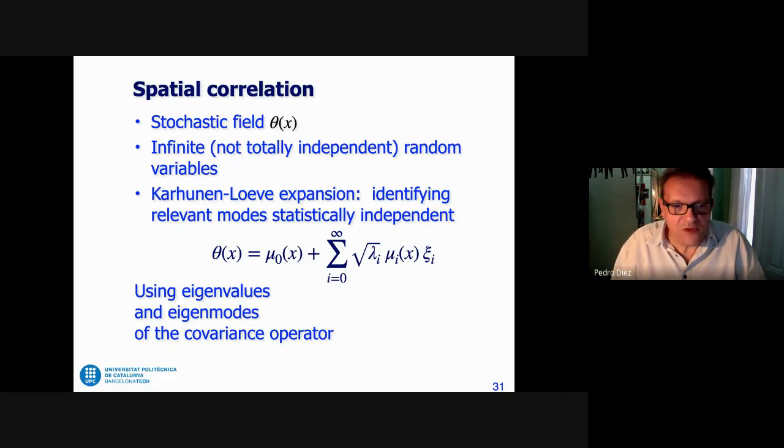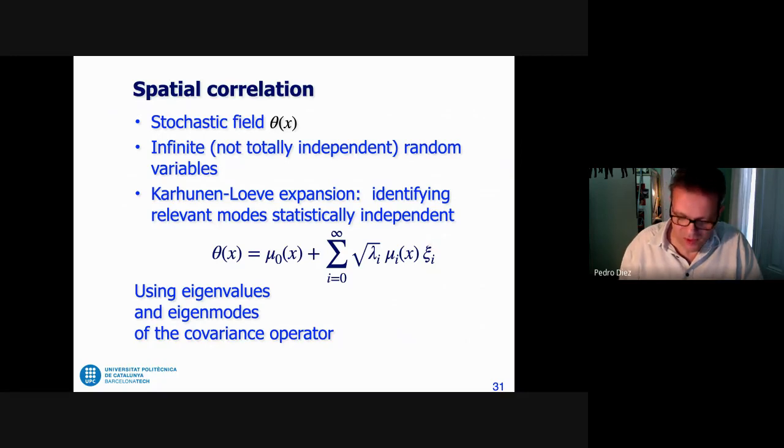The idea of the Karhunen-Loève expansion is representing this theta as a function of x, which is random, a stochastic quantity, as the sum of a field which is deterministic, the average, and a sum, which is familiar to us in PCA, of amplitudes, modes that depend on x but are deterministic and non-stochastic, and some independent random variables.